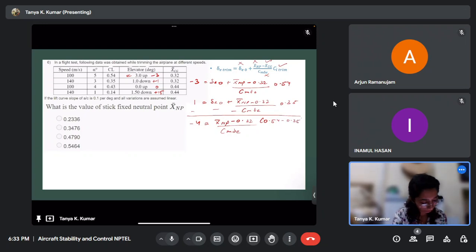So I'll just write the equation in terms of Cm delta E. So we have Cm delta E is... So I made the equation in terms of Cm delta E and x bar NP. Just keep this here and use the other two sets of equations, other two variables.